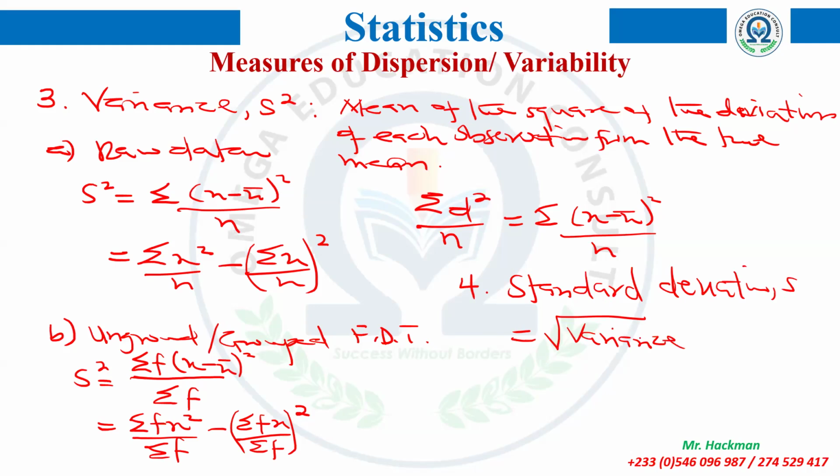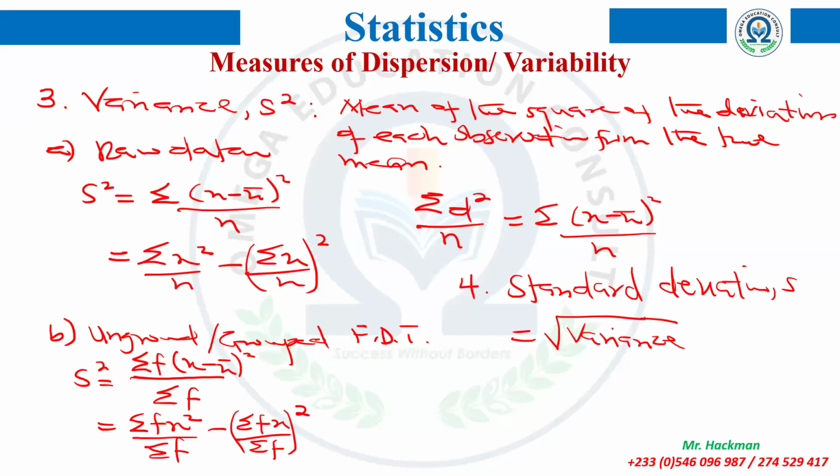So if you know how to find the standard deviation, then you know how to find the variance, because you make use of this. If you are looking for the standard deviation formula for the raw data, it will be root of this. In terms of the expansion, it will be root of this. For the grouped or ungrouped, it will be root of this, then the expanded version will be root of this, as simple as that.